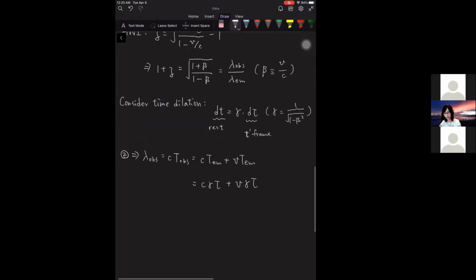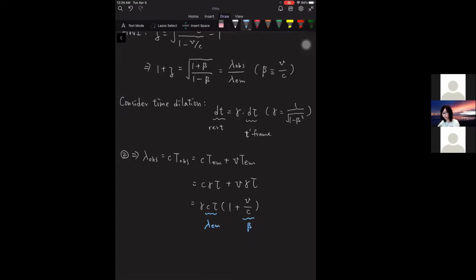All right. So we can extract gamma c tau, and that gives us 1 plus v over c, right? And v over c is just beta. As I mentioned before, c times tau, in the co-moving frame, is just the intrinsic wavelength, which is the emitted wavelength.